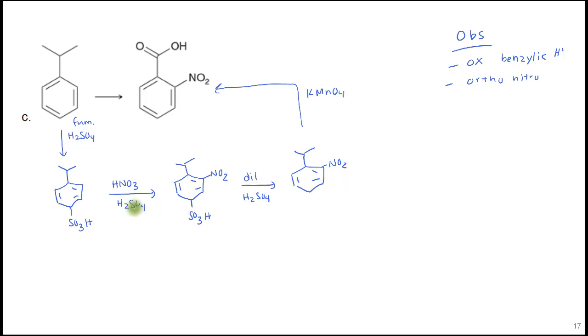We don't want to oxidize too early, so if you oxidize your group right after, or first, let's say you oxidized here, we would get benzoic acid right off the bat. That benzoic acid is an electron withdrawing group, or a deactivator, which is a meta director. And we want our group to be ortho to the group. So make sure that you do the blocking group and then oxidize last.